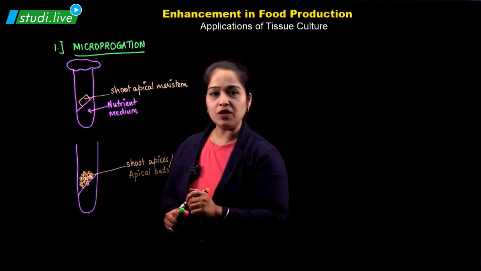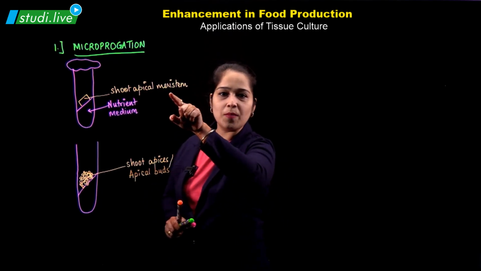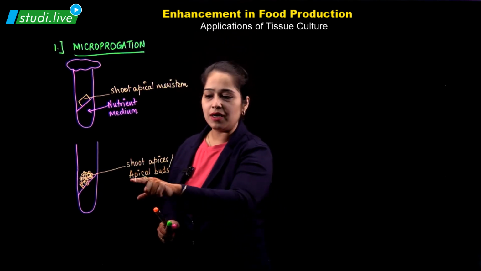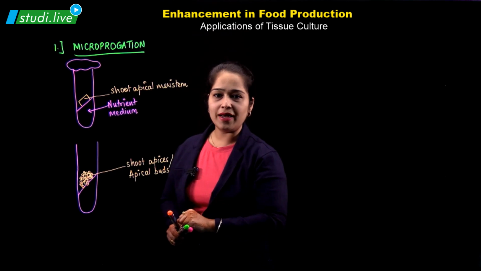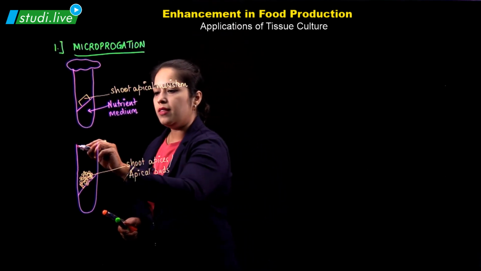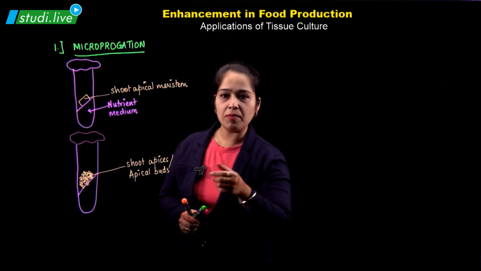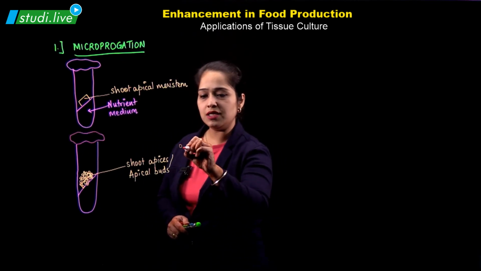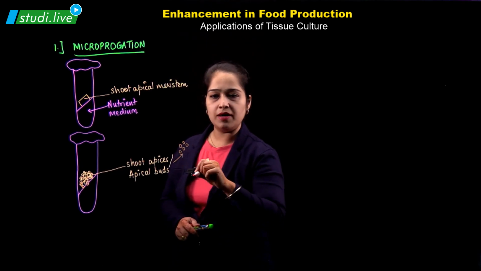So after using the nutrients, the cells of this shoot apical meristem start multiplying, and we have many shoot apices or apical buds which are growing. Now let us remove these shoot apices or apical buds and see how they look. These small ones are shoot apices or apical buds.